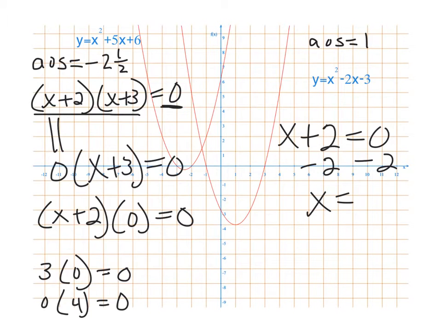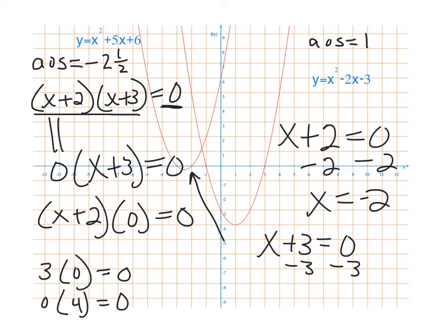And notice that when we do the math, we have x equals -2, which is exactly what we have on our graph. When we do the other factor and set it equal to 0, and we solve for x, we have x equals -3. And if I cleared up all this mess, you would see that it crossed at -3 as well.